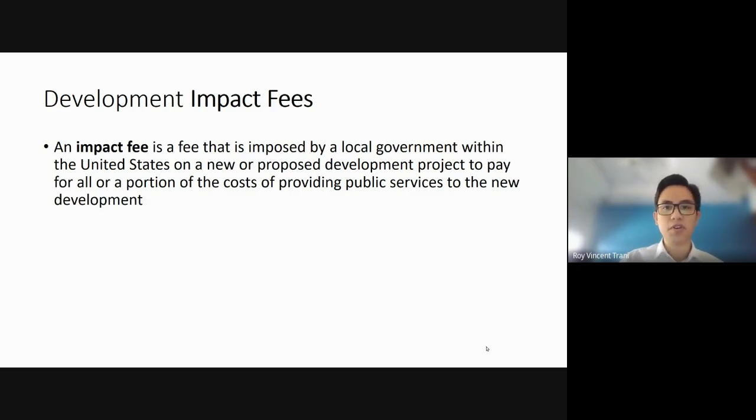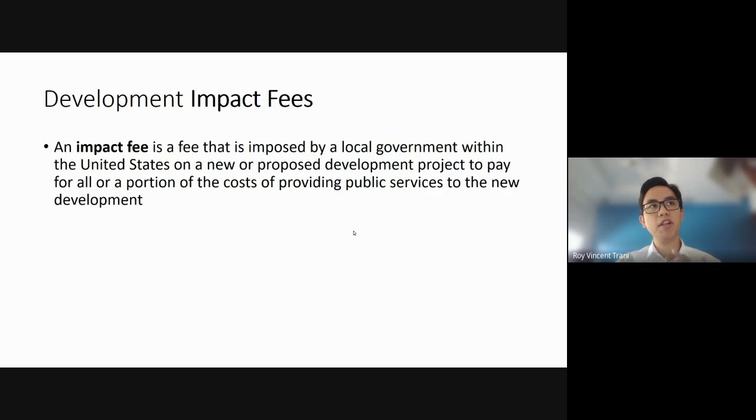So for this morning, I started with looking at the different definitions of impact fees. An impact fee is basically a tax imposed by the local government, but directed to the developers of a project. It's not a tax on the people who live in an area, but a tax for the developers to pay all or a portion of the cost for providing public services to their new development.